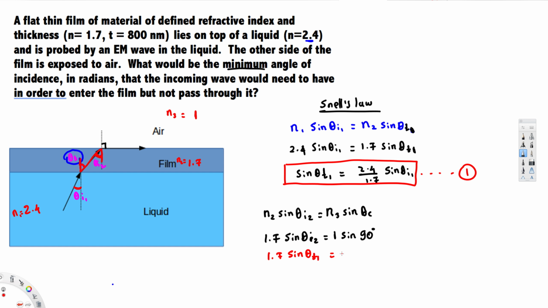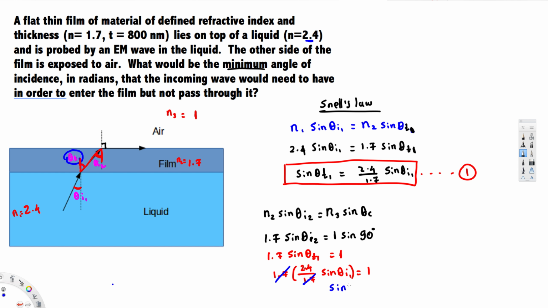So this is 1 times 1, just 1, and then we plug in equation 1 right here. This is 1.7 times 2.4 over 1.7 times sine theta I1, which is equal to 1. Our question is asking us to find theta I1, that's the main thing. You can see the 1.7 and 1.7 cancel each other.